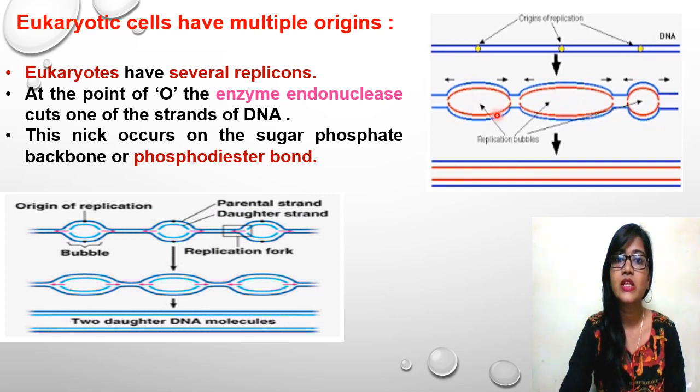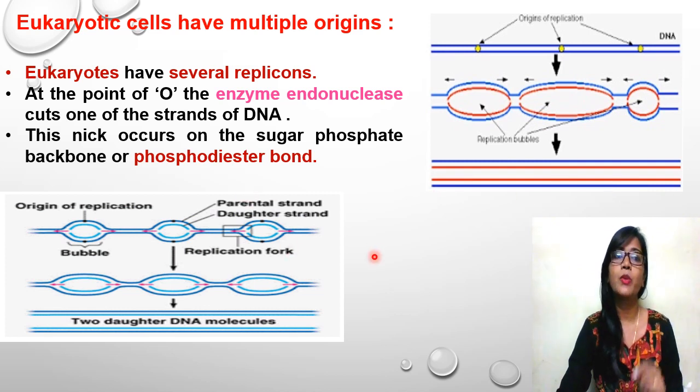And now these are 1, 2 and 3 bubble formations. The blue color is the parental DNA, and the red colored DNA is forming the replication fork. This is newly formed DNA. You can observe that there are two colors, so this is one old strand and another is new strand. Again, newly formed DNA and old strand.